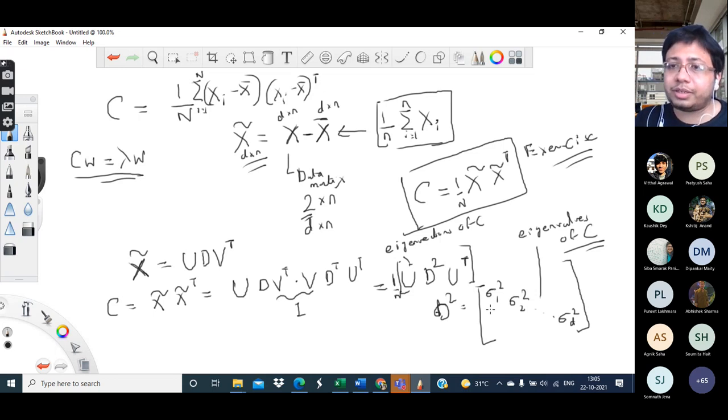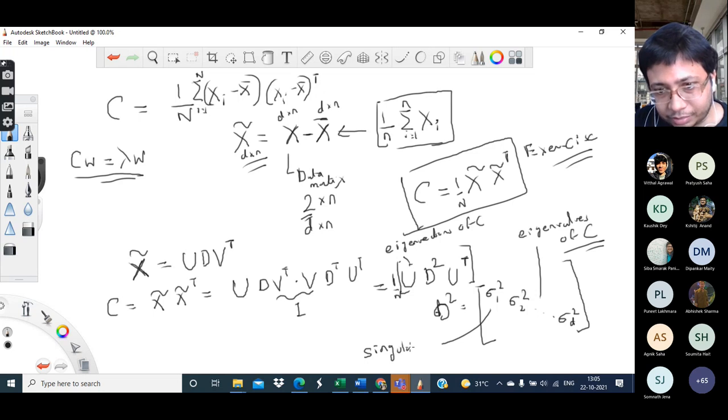These are nothing but the singular values of x tilde.